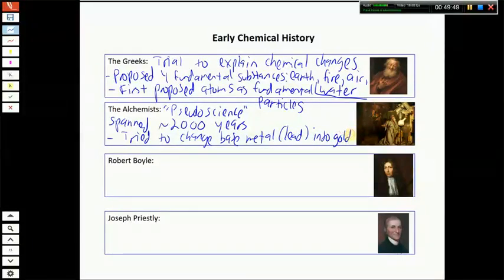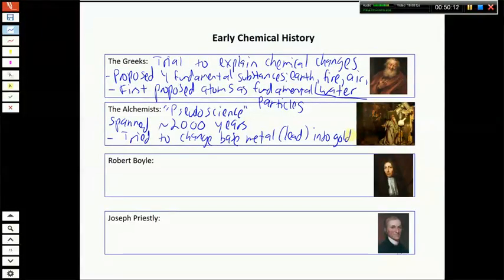Gold was how you became wealthy and powerful. And so they thought, well, if we could come up with a way to change lead into gold, we're going to basically rule the world. We're going to have all the wealth we could ever want. Sort of ignoring things like inflation and supply and demand, all that stuff. But they thought that if they could change metal into gold, they'd be the rulers of the world.